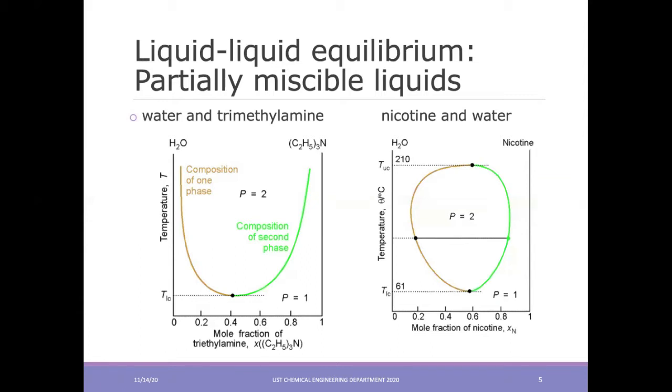In the case of nicotine in water, it has a lower critical temperature of 61 degrees Celsius, and an upper critical temperature of 210 degrees Celsius.